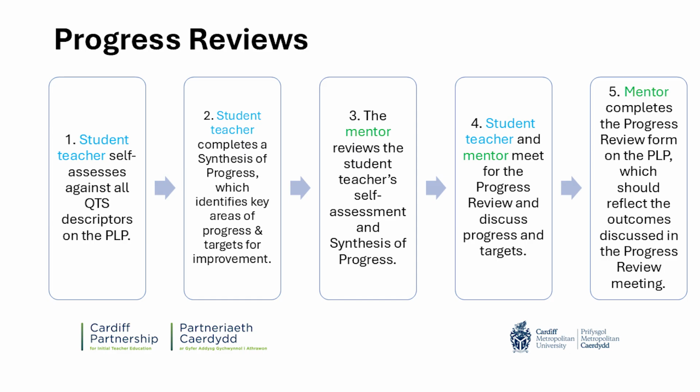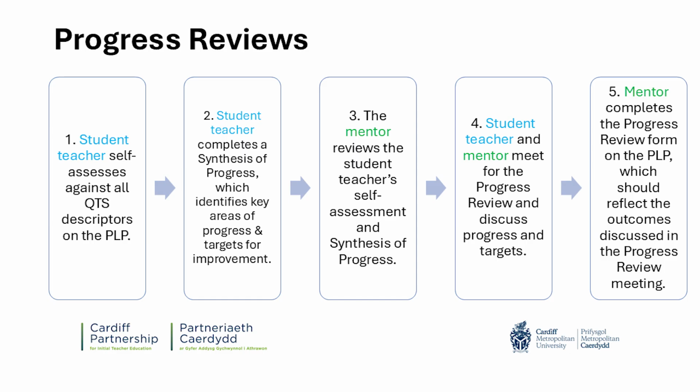Then you'll see yourself highlighted in green there. The first thing that you need to do is review the student teacher's self-assessment and synthesis of progress. They have a little bit of time given to them at university for this, but it's worth going in and checking. If you've got your meeting scheduled for a couple of days' time, it's worth checking that they've done this, because you need to see what have they assessed themselves at?